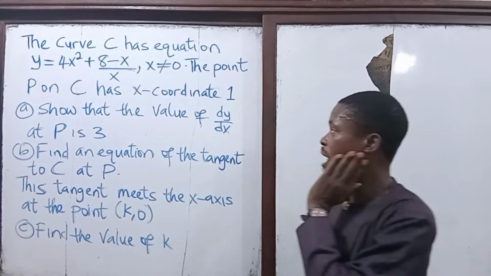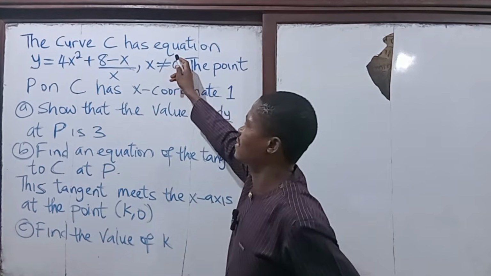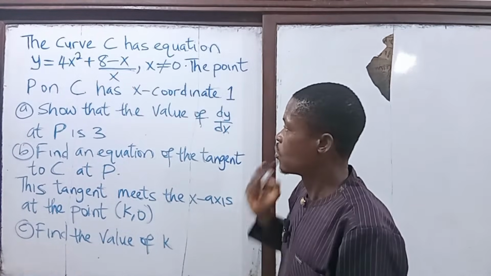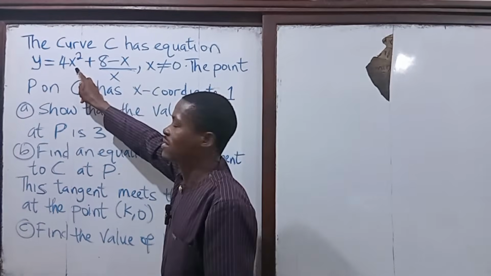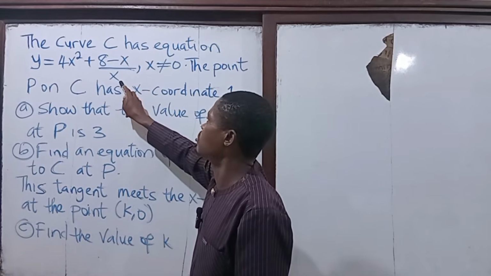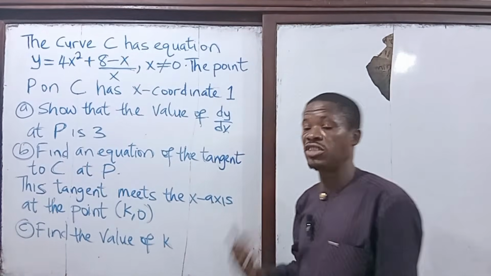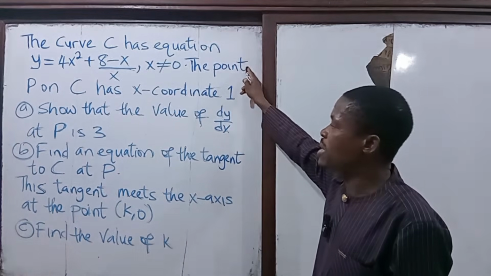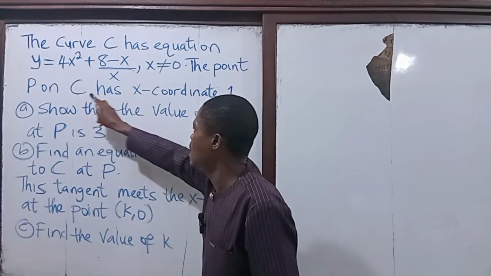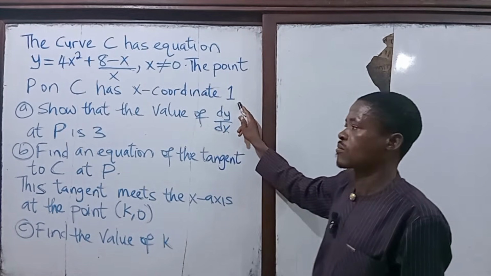Okay, so look at the question we have here. The curve C has an equation y equal to 4x squared plus 8 minus x over x, and we are told that x is not equal to 0. The point P on C has x coordinate 1.